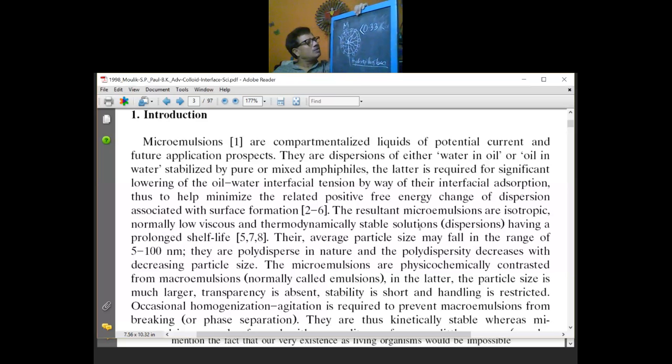Now, when you have micelles in the presence of dirt or greasy material, greasy meaning oily material, what would be happening? Those greasy or oily materials will be incorporated into the core of the micelle, because the core of the micelle is hydrophobic in nature.